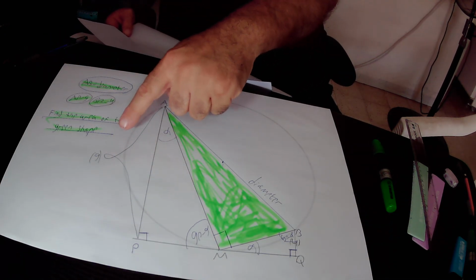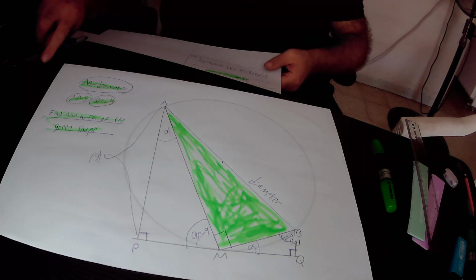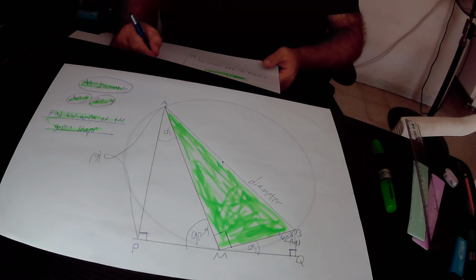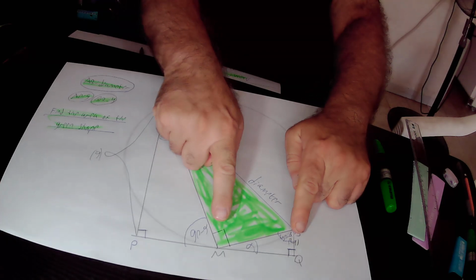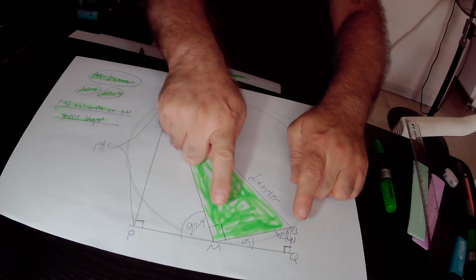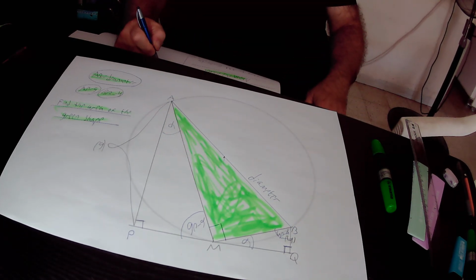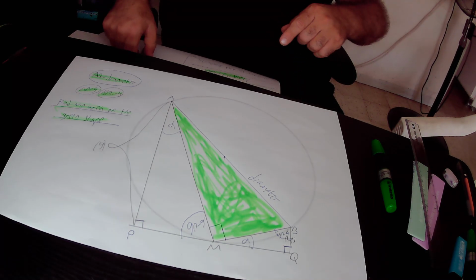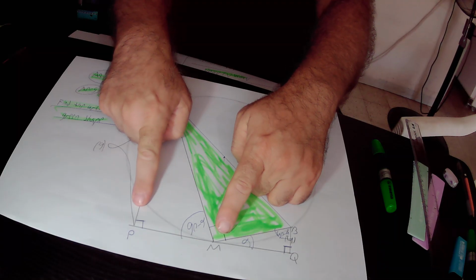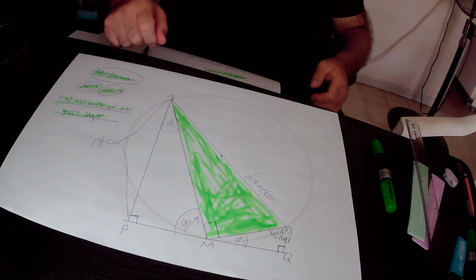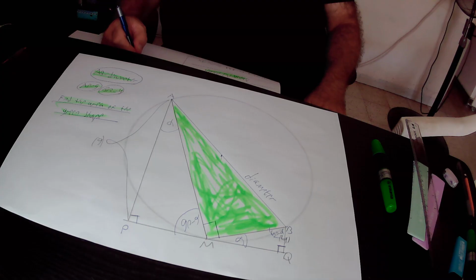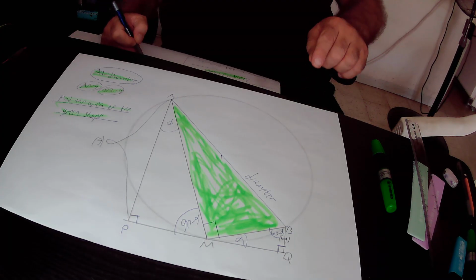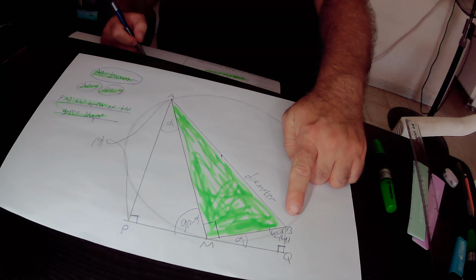AP is 9. MQ is the missing side, so we leave it as it is. And it is equal to PM. PM is also the missing side, so we leave it as it is. Over BQ. BQ equals 4 units, according to what is given in the question.